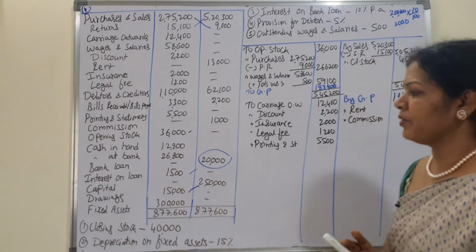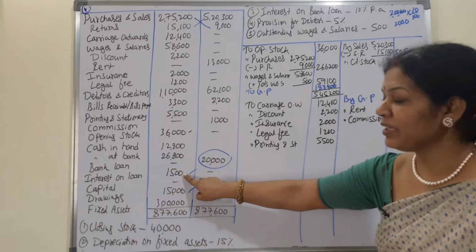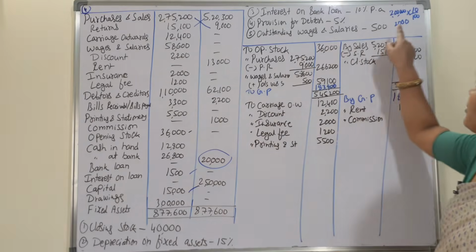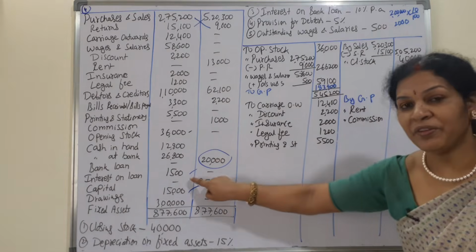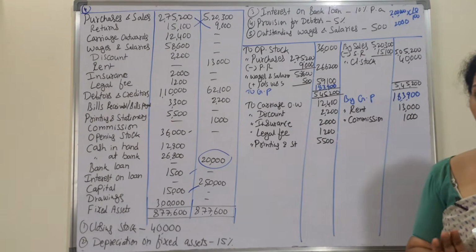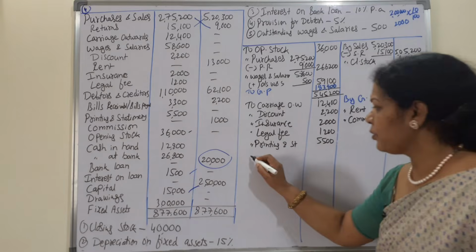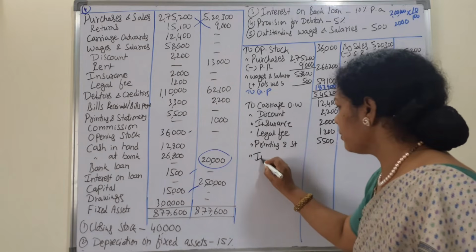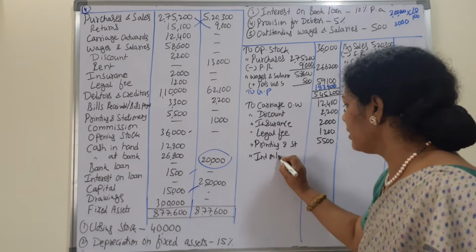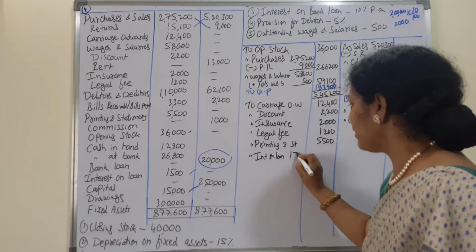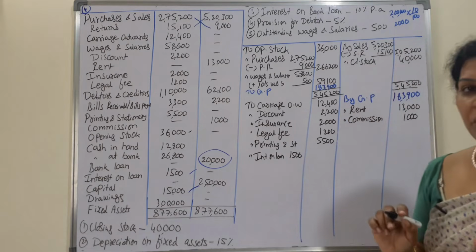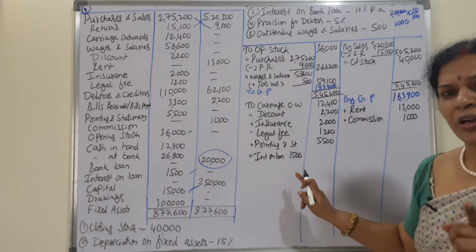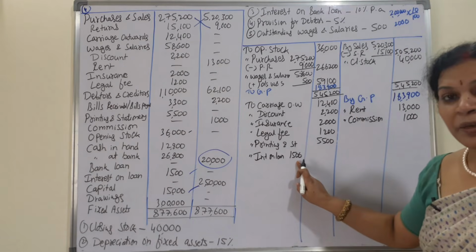Now bank loan. Interest on bank loan, 1,500 paid. Actually it is 2,000; out of 2,000 we have paid 1,500. So how can we show this adjustment? To interest on loan, in the inner column we will write 1,500. 1,500 is paid but the total is 2,000.